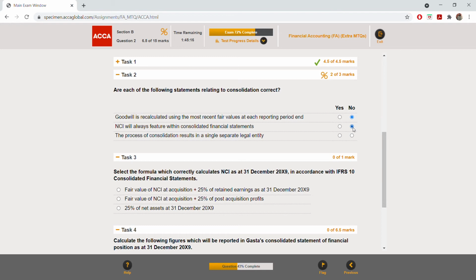We don't update goodwill according to fair value changes. It is at acquisition that we calculate the goodwill. And NCI will not always be recorded within the consolidated financial statements. Why? Because the process of consolidation results in a single, separate legal entity. No.